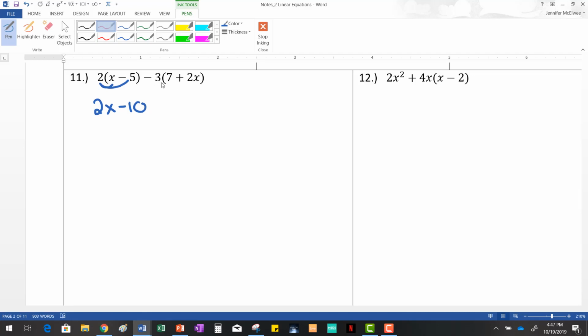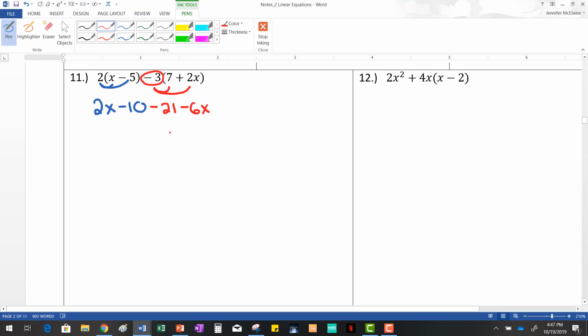Next is minus 3 times the quantity of 7 plus 2x. So again, I'm going to look at this, because of the subtraction, as a negative 3. So I'm going to do a negative 3 times 7 and get negative 21. So the red is coming from the second distributive property problem. And a negative 3 times a positive 2x will give me negative 6x.